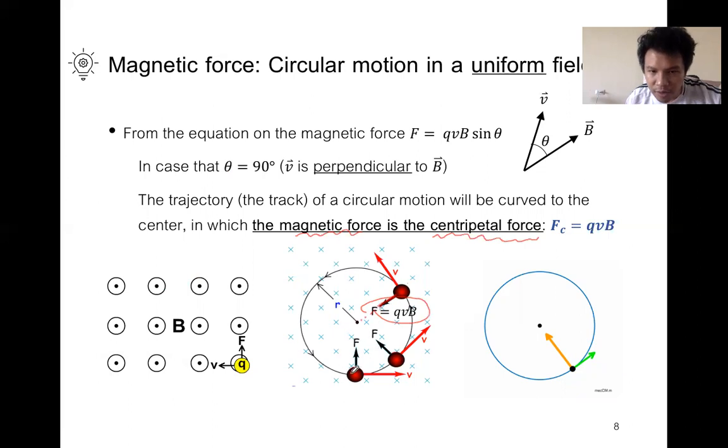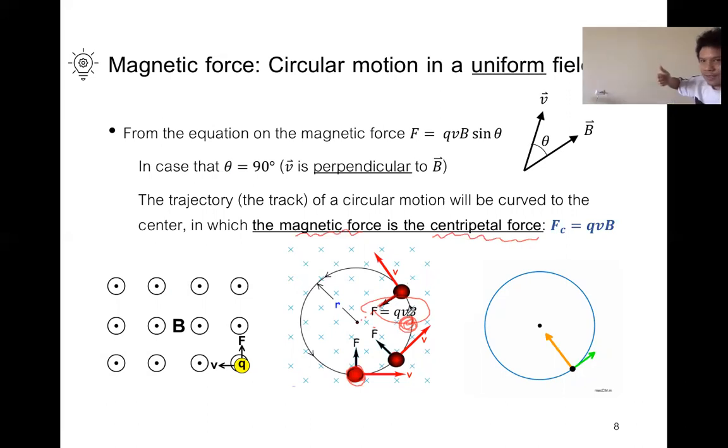Because when you consider this point and try to use the right hand rule like this, you always have the force pointing up. But when you consider this point, when your particle is moving up, using the right hand rule, you're going to have the force pointing to the center.